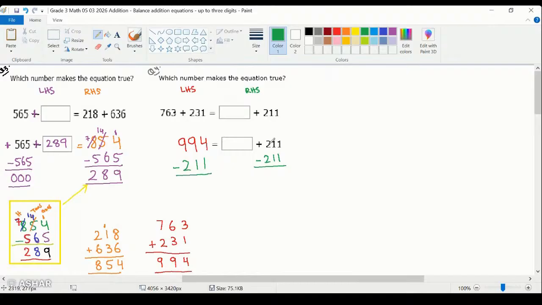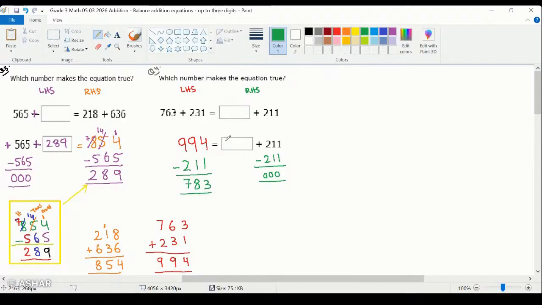So 231 minus 231, the answer becomes 0 over here. What about here? 4 minus 1 would be 3. 9 minus 3 would be 6. And 9 minus 2 is 7.